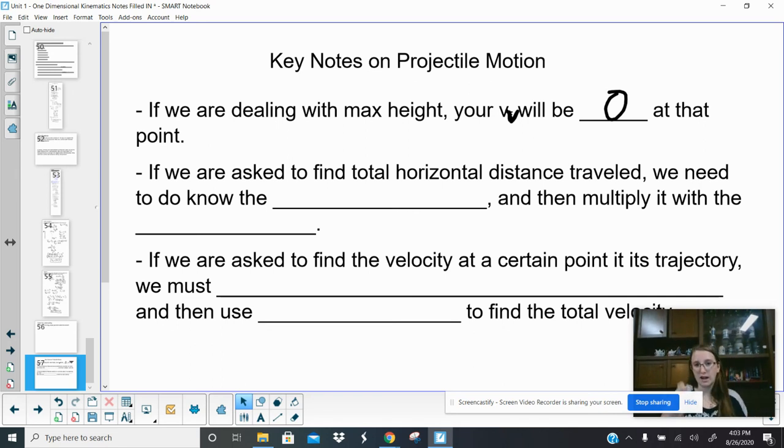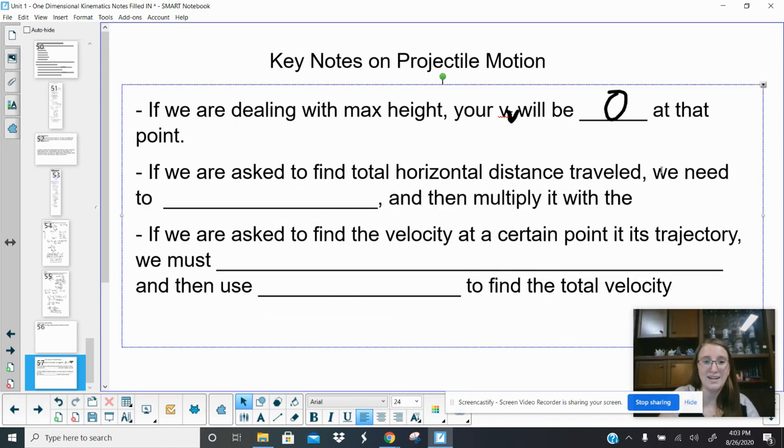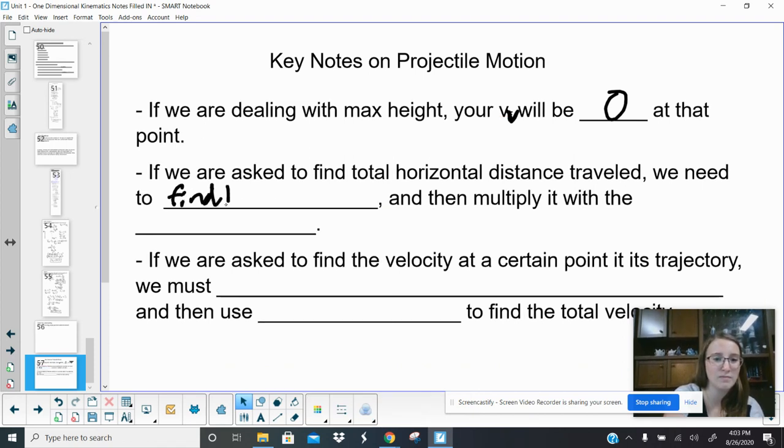And it is your final velocity we're talking about, but most importantly, we're referencing the vertical. Now, if we are asked to find how far we're traveling, so if I'm coming up and then coming back down, we need to find the time of travel and then we can multiply that with the horizontal velocity.